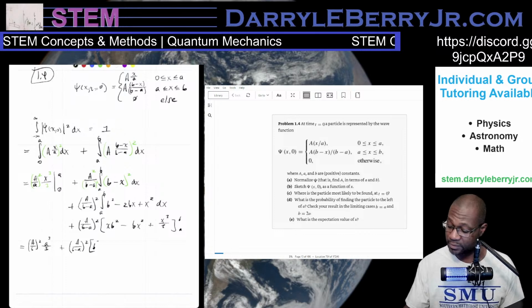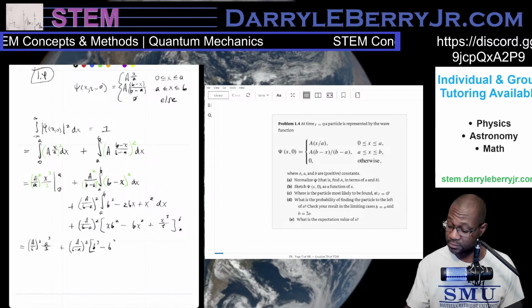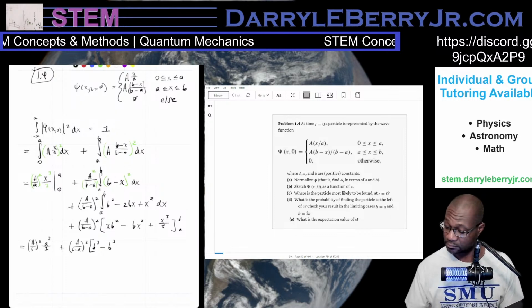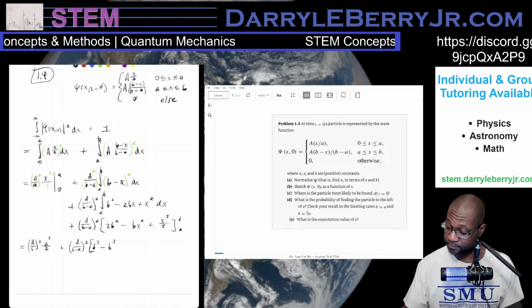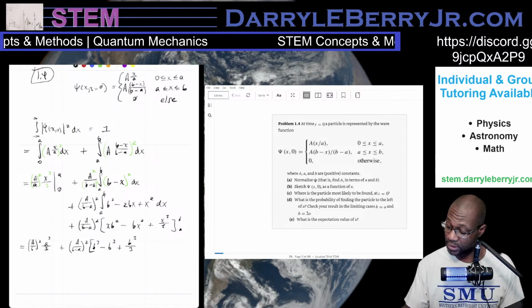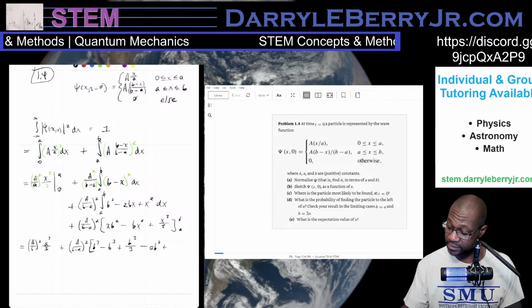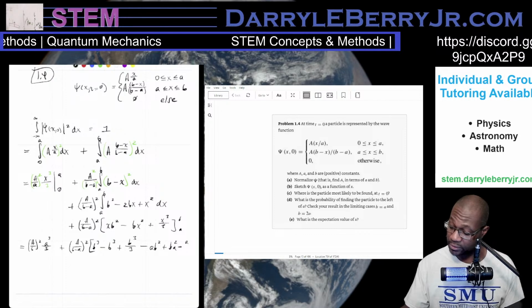We have b cubed minus b cubed, and make sure that's correct. Looks like it. Plus b cubed over 3 minus a b squared plus b a squared minus a cubed over 3.